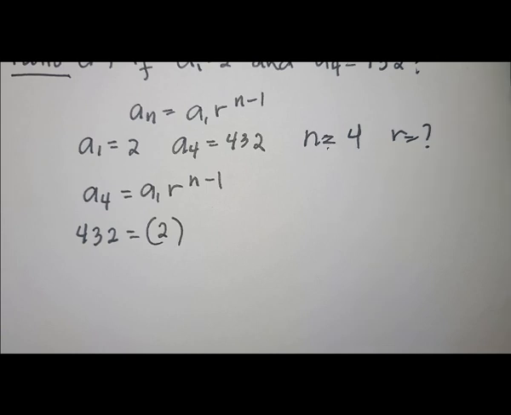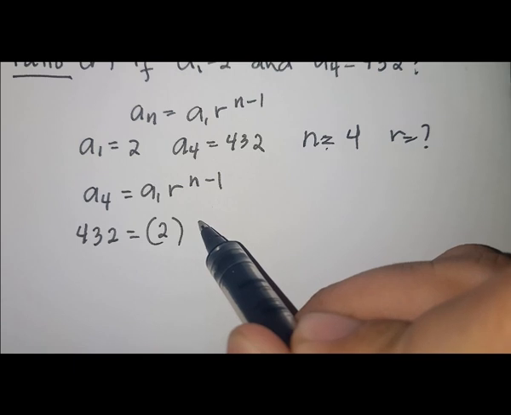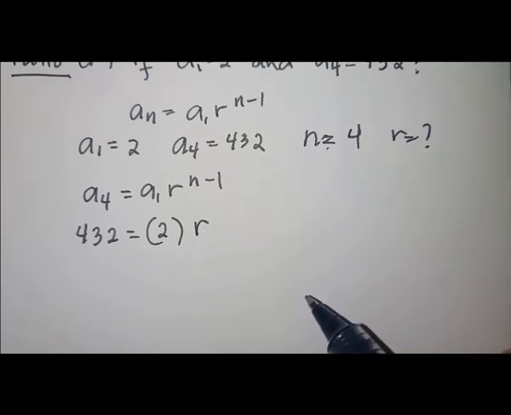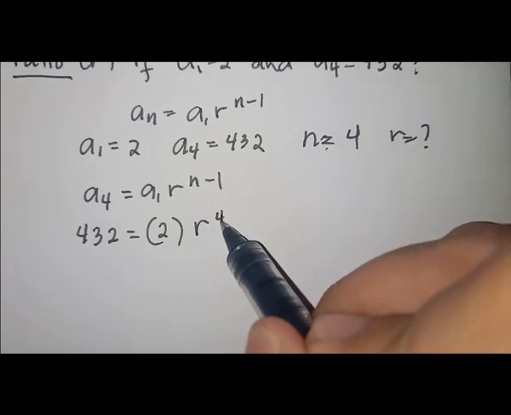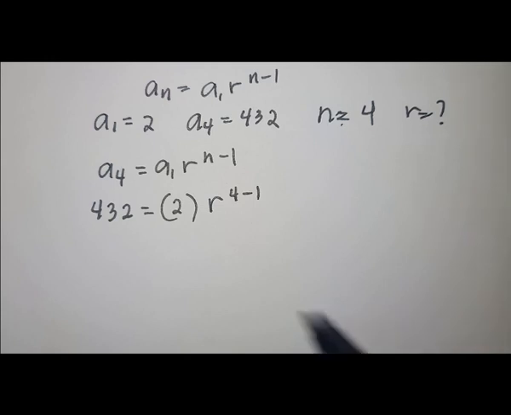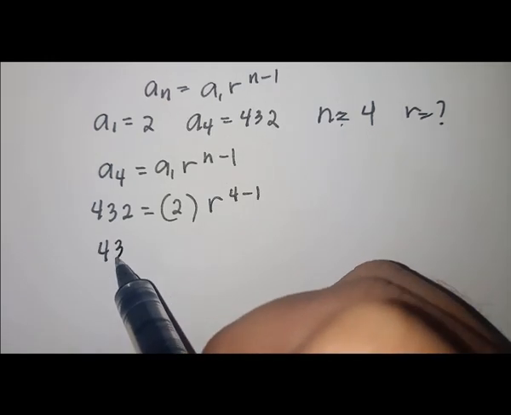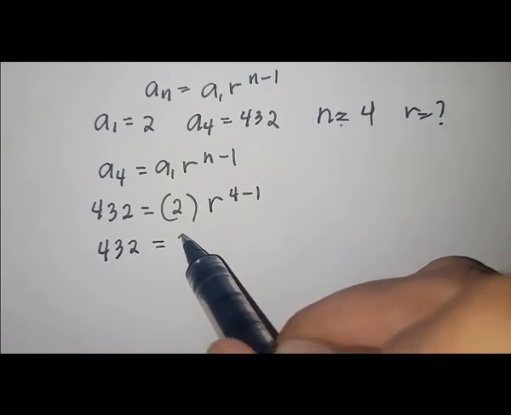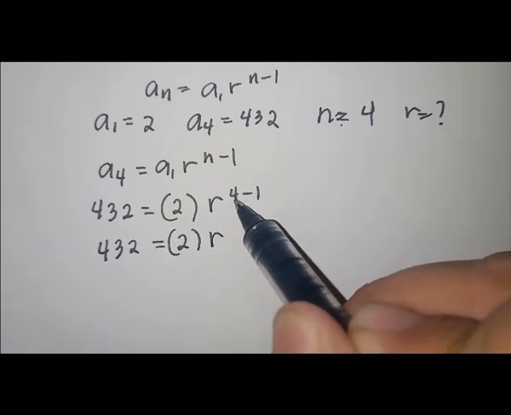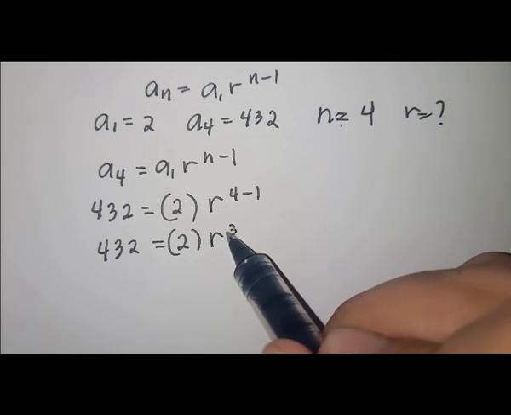Okay? And of course, wala kasi tayong value ng ating common ratio. So, ililive lang natin siya as r. Okay? Ang n natin ay 4, so we have 4 here minus 1. So, magkakaroon tayo ngayon ng 432 equals 2 times r. So, we have 4 minus 1, we have r cubed.